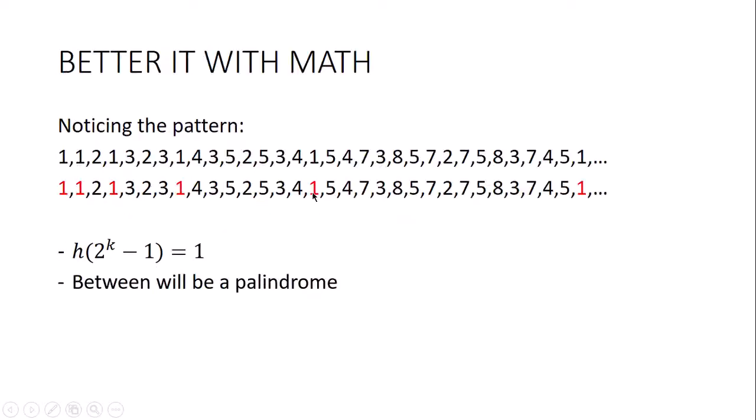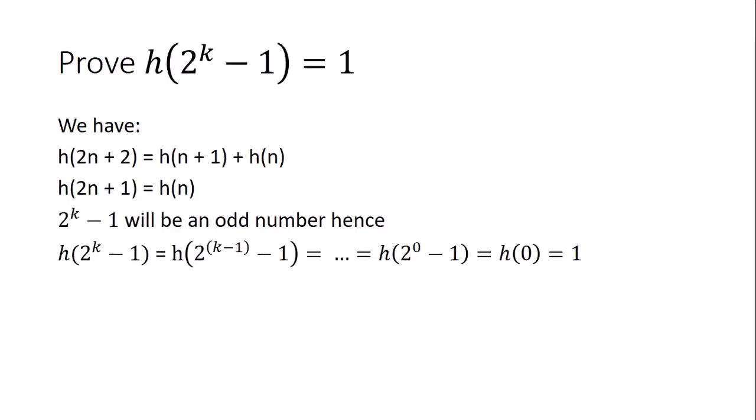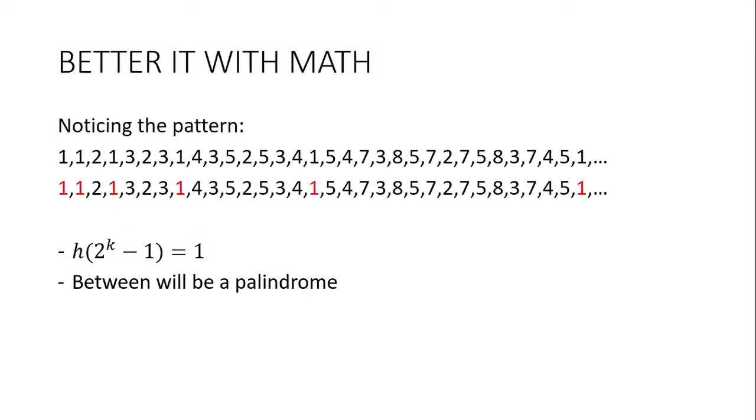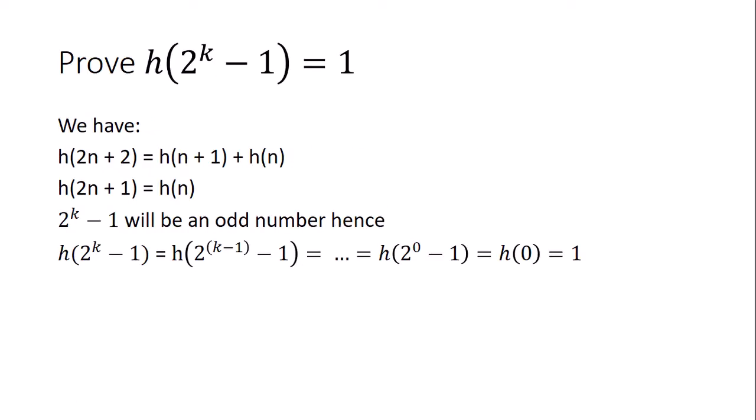So now I will prove it with math, to show that this is actually true, not just in a small instance like this. It's actually true for the whole thing. So we already have f(2n+2) = f(n+1) + f(n), and f(2n+1) = f(n). You see that 2 to the power k minus 1 will always be an odd number, so it will be this case, f(2n+1) = f(n).